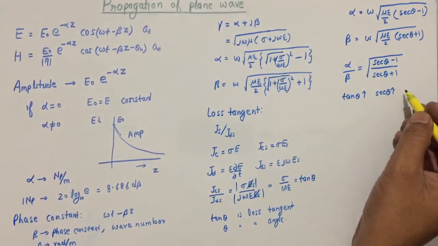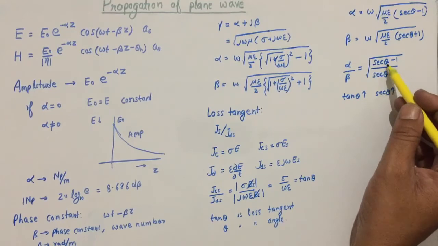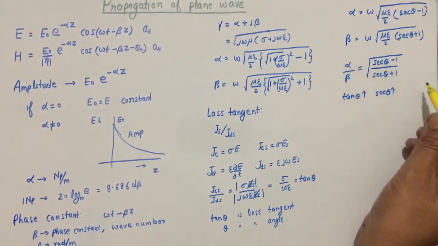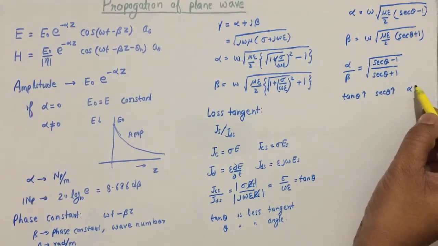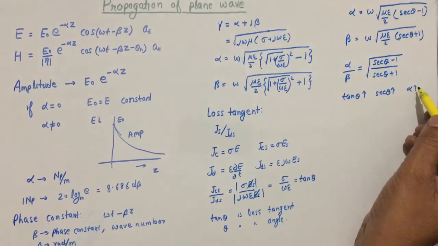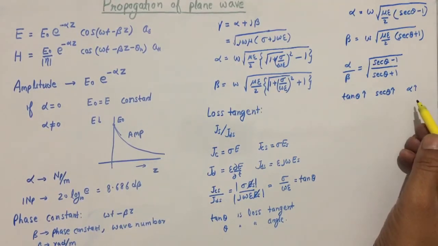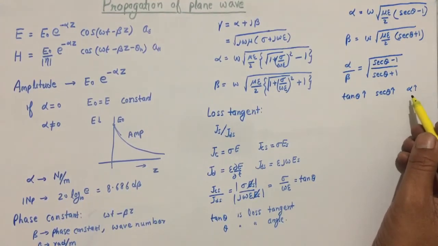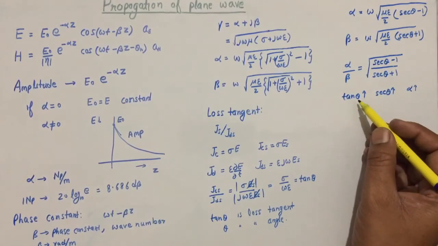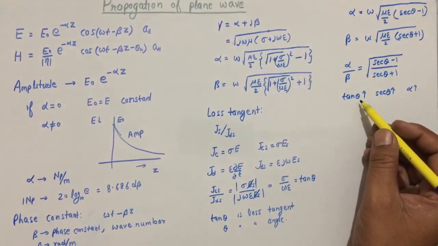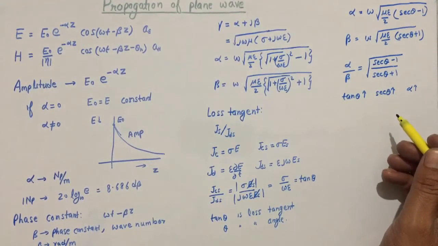Okay, and if sec theta is high, then this term is higher, and the higher value of alpha will indicate the higher attenuation of the medium.